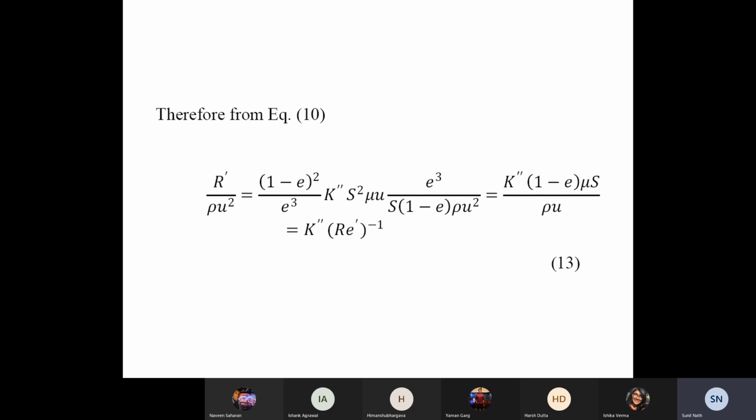And then this streamline flow starts to disappear successively in the smaller channels as the value of the modified Reynolds number RE prime increases. And there will be a gradual change in the slope of the R prime upon rho U1 squared versus RE prime graph from -1 to -1/4.